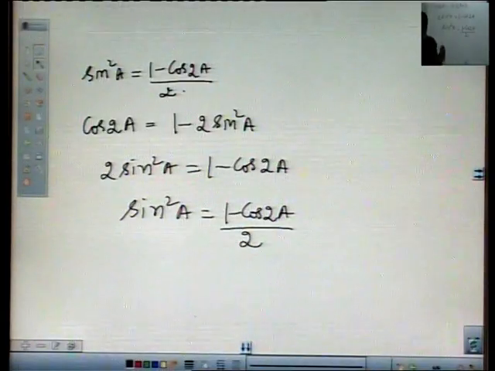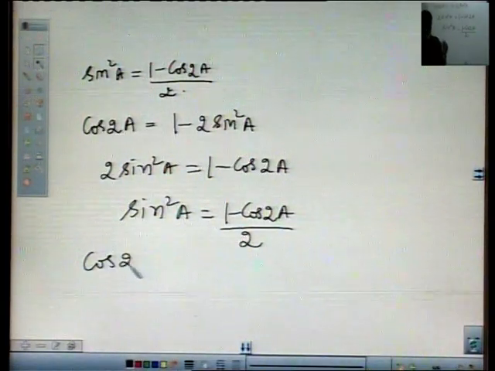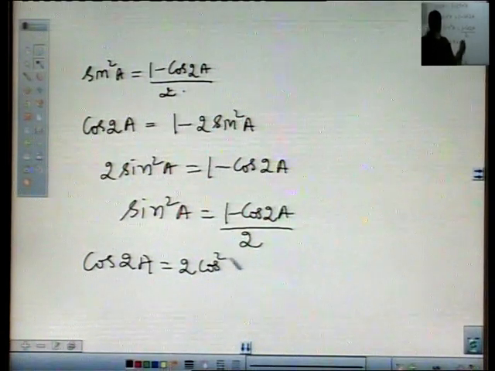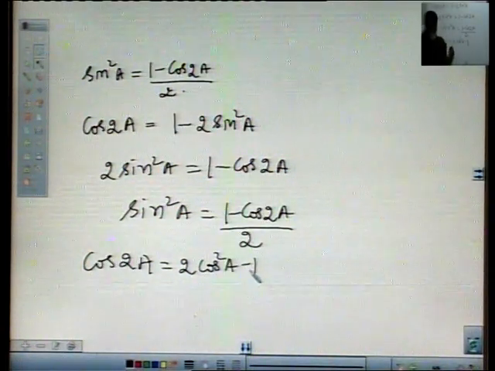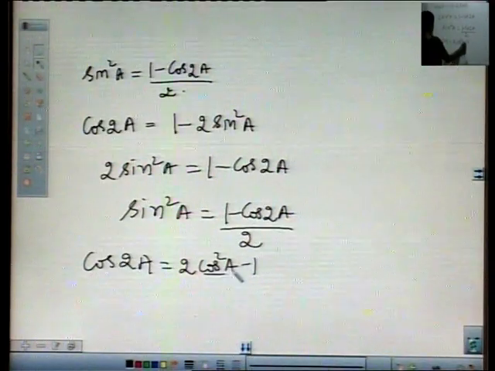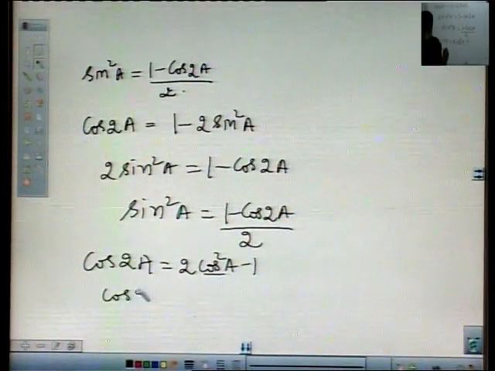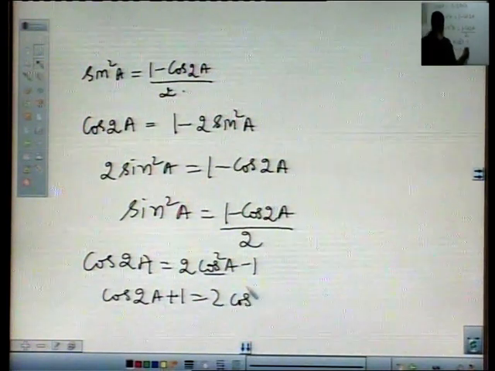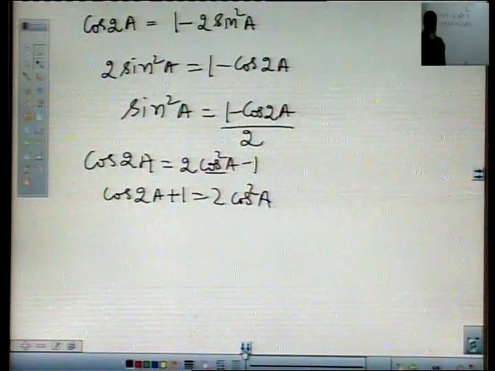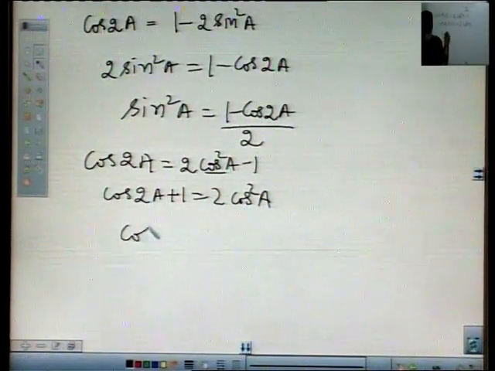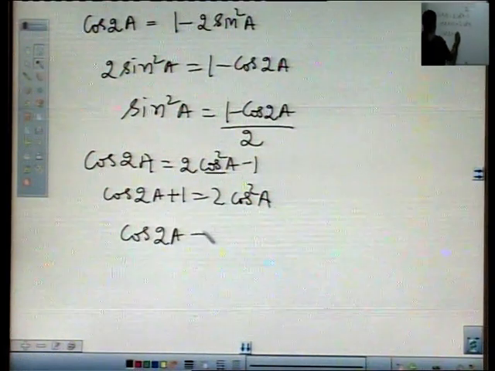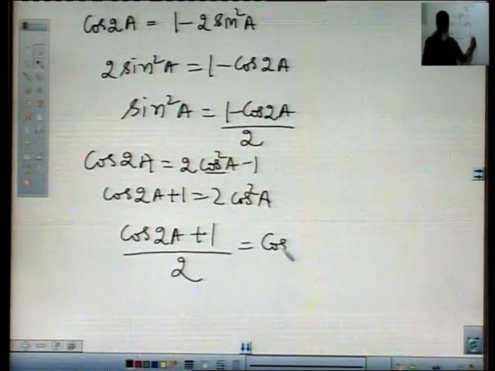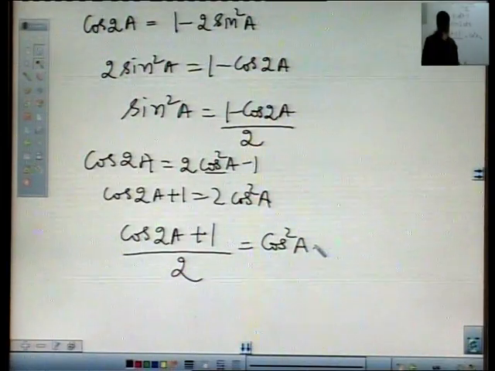And similarly, cos 2a is equal to 2 cos square a minus 1, so cos 2a plus 1 is equal to 2 cos square a, and cos 2a plus 1 upon 2 is equal to cos square a.